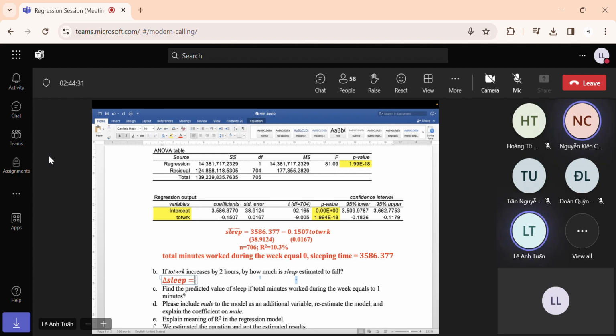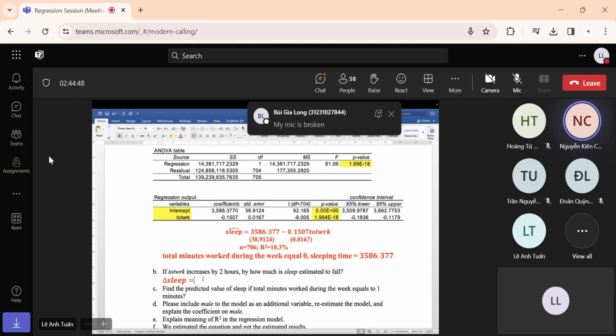Okay, when I think back, here we have the independent variable raised by 2 hours, right? So how does it influence the dependent variable? I think it equals the constant plus two multiplied by the coefficient of total work.